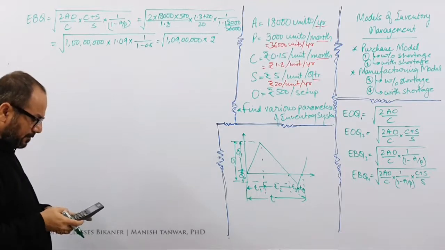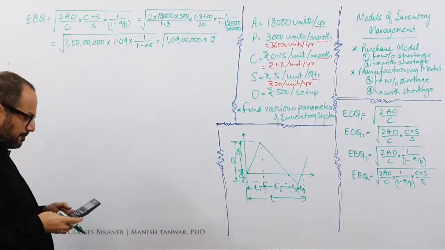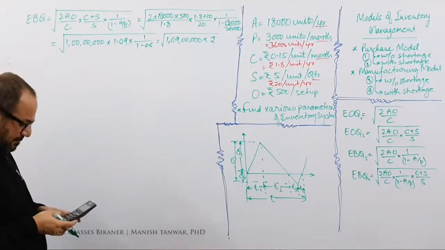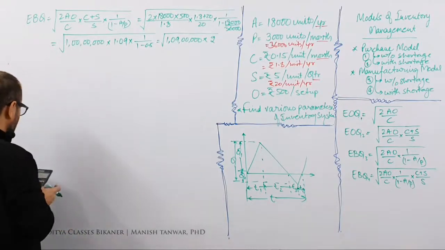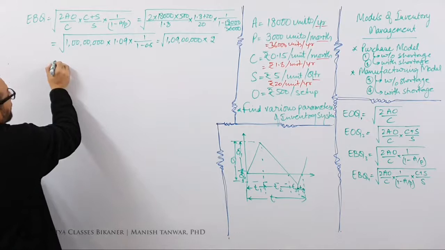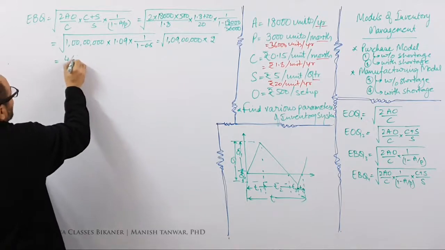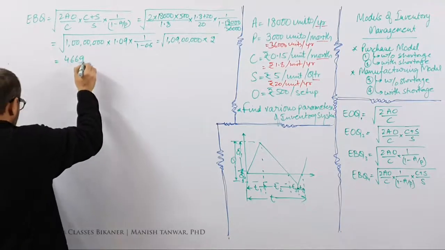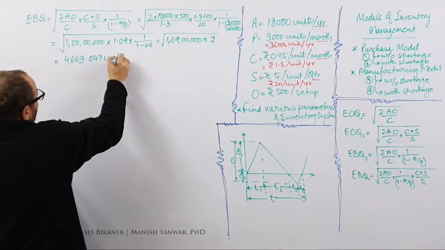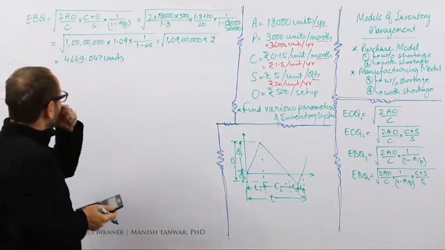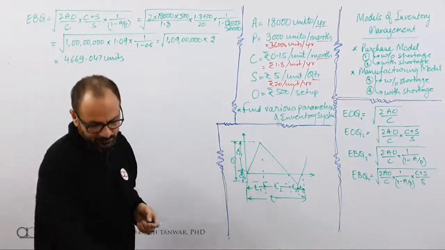Multiplied by 1 crore multiplied by 2, and then going for under the root, giving me 4669.047 units. So my EBQ is 4669.